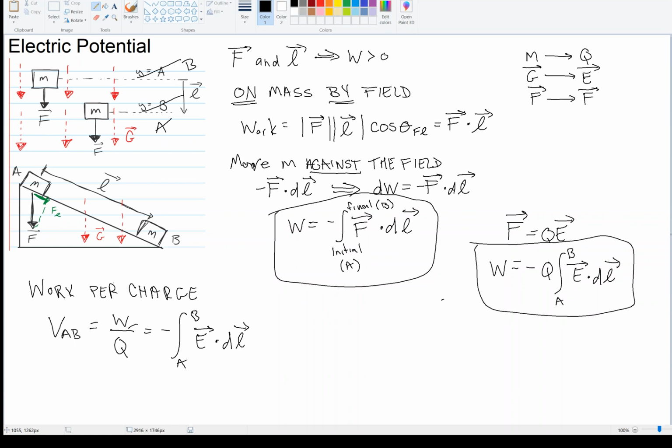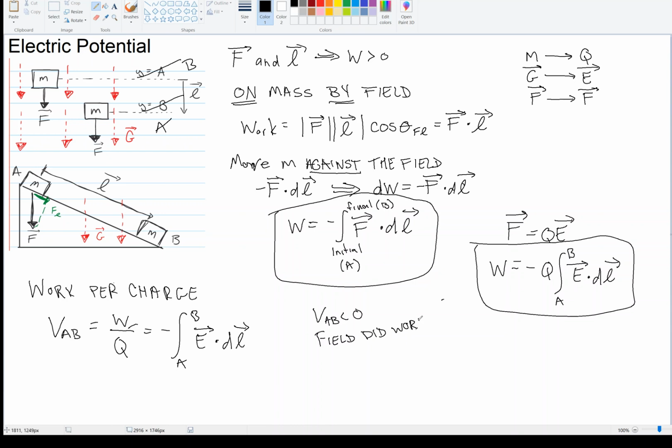Now, if VAB is less than 0, so we're talking about a negative normalized work, there is a loss in energy, and the field did the work.